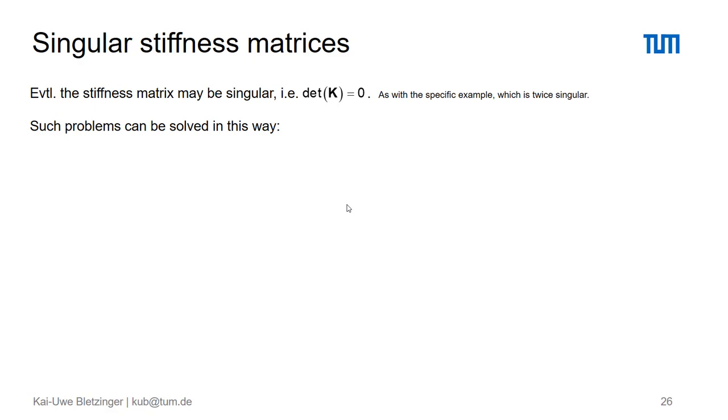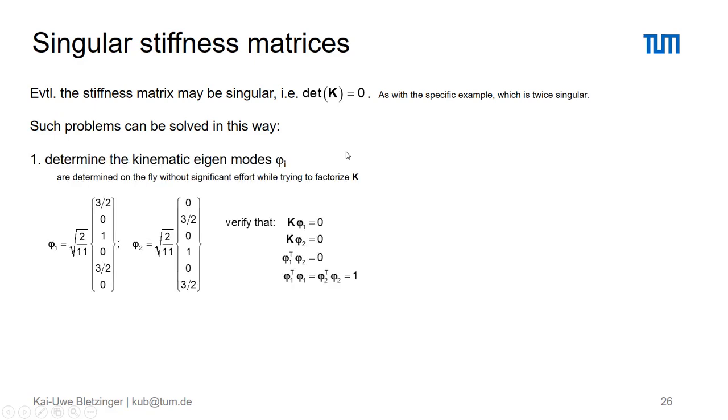So, singular stiffness matrices: it's exactly as I said, that we have 0 eigenvalues, or the determinant of the stiffness matrix might be 0, and then we can do the following. We look at our stiffness matrix and determine the 0 eigenvectors. They may look like that here, for instance, for this problem we had before.